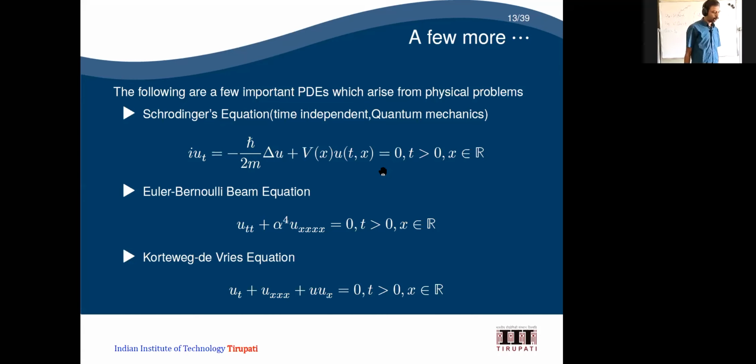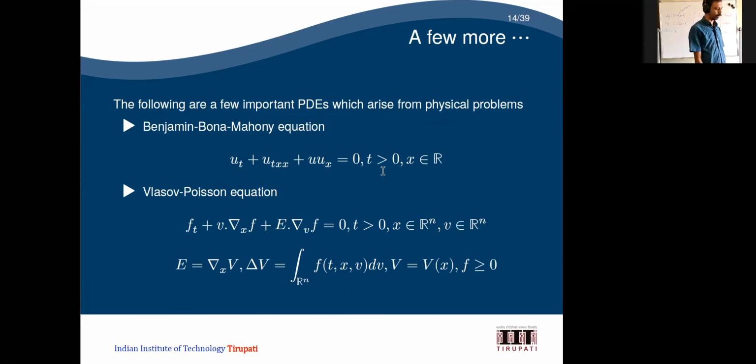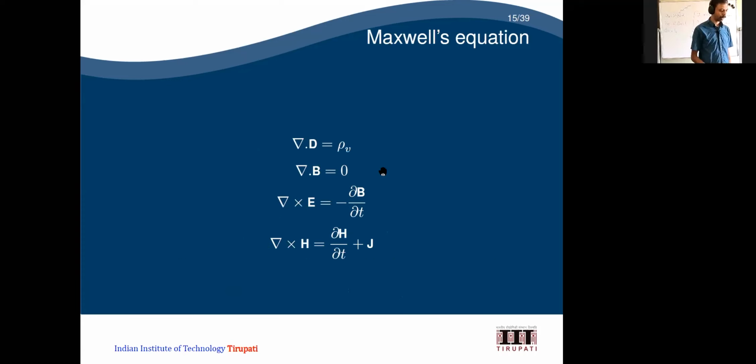Then the Korteweg-de Vries equation. This is another equation. Okay, so these are some of the equations. Then Benjamin-Bona-Mahony equation and Vlasov-Poisson equation. These are some of the equations which you use.